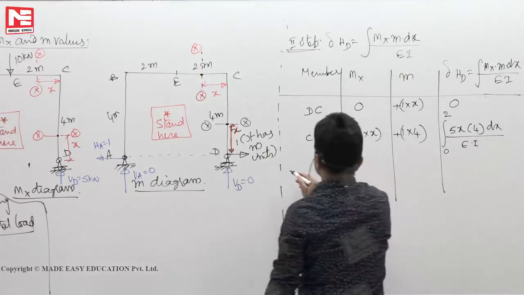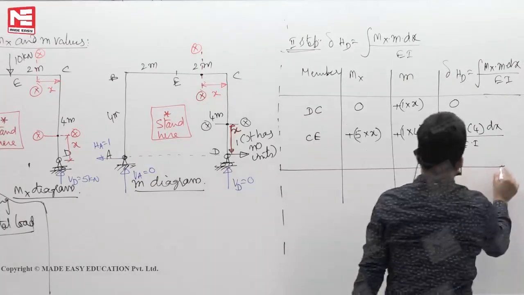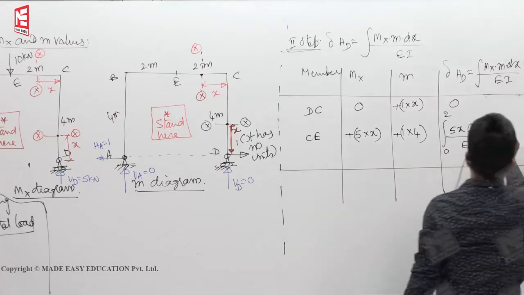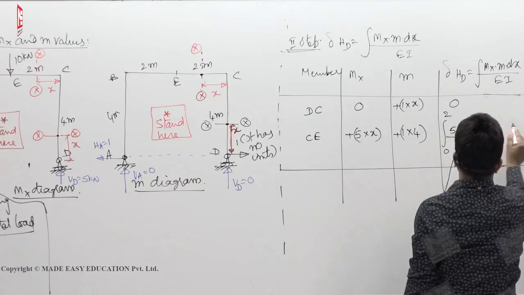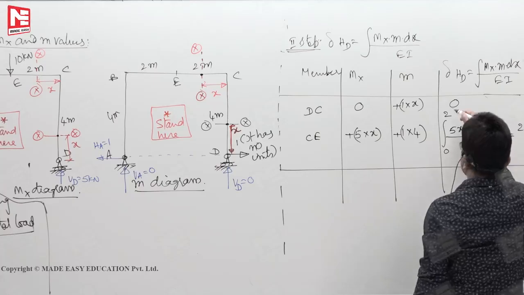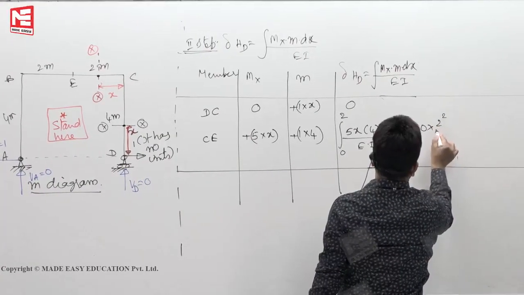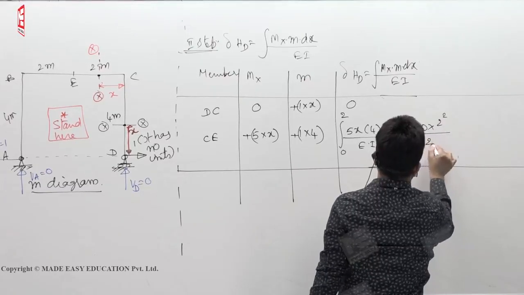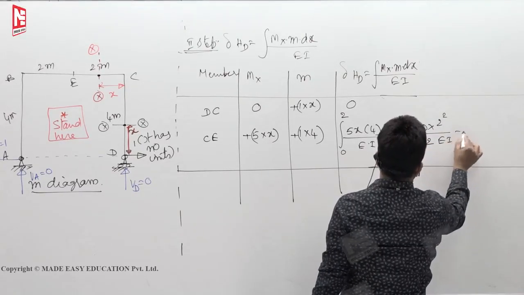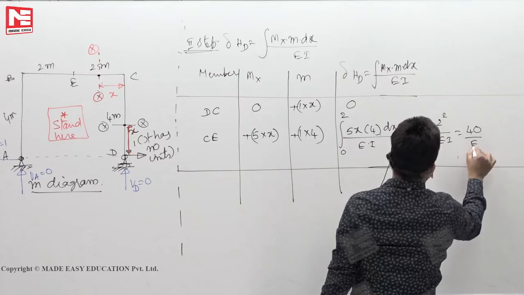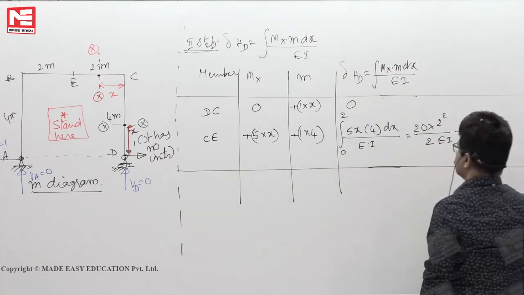Two members are sufficient. This one is 0. How much will you get? 5 into 4, 20, x square by 2, with x being 2, so 2 square by 2, over EI. So you will get 40 by EI for the EC member.